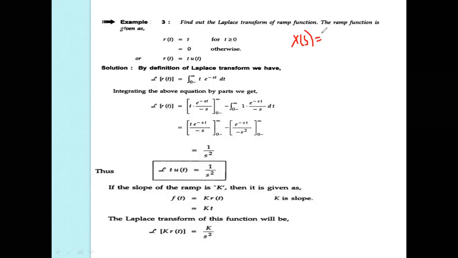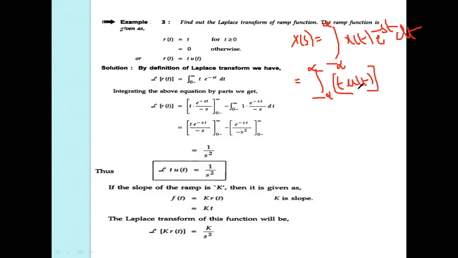X of s is equal to the integral from minus infinity to infinity of x of t e power minus s t dt, and that is equal to the integral from minus infinity to infinity. Now I'm taking x of t as the ramp function, so t into mu of t.